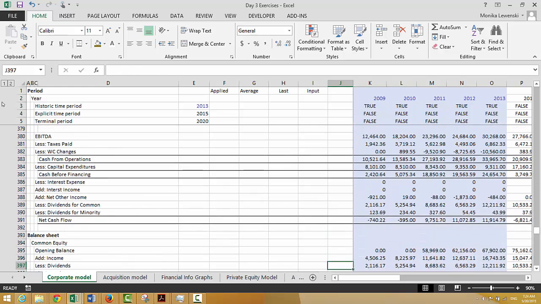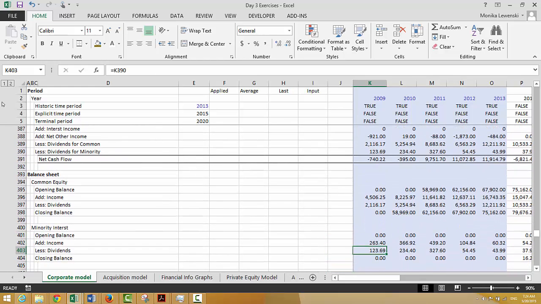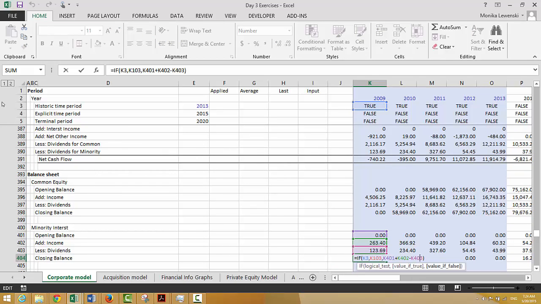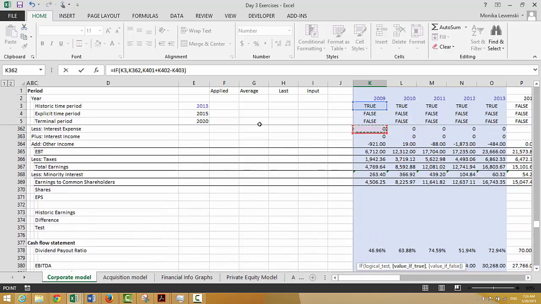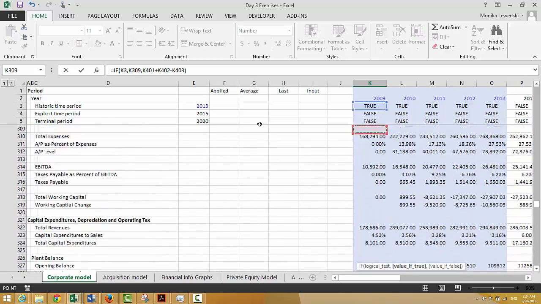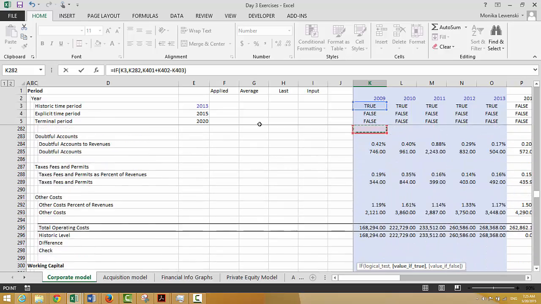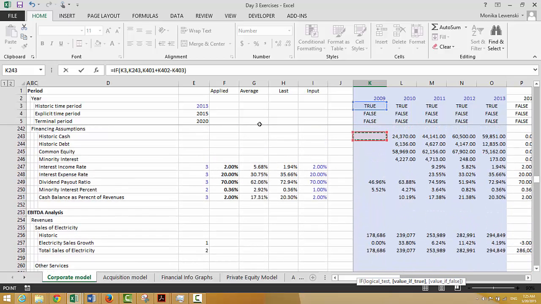Dividend payout ratio, minority interest. Actually, I think in the historic period, instead of having to go to the balance sheet, I think we put that down in the assumptions page. So we're still in the working analysis, and if we go up here, we can find the minority interest.